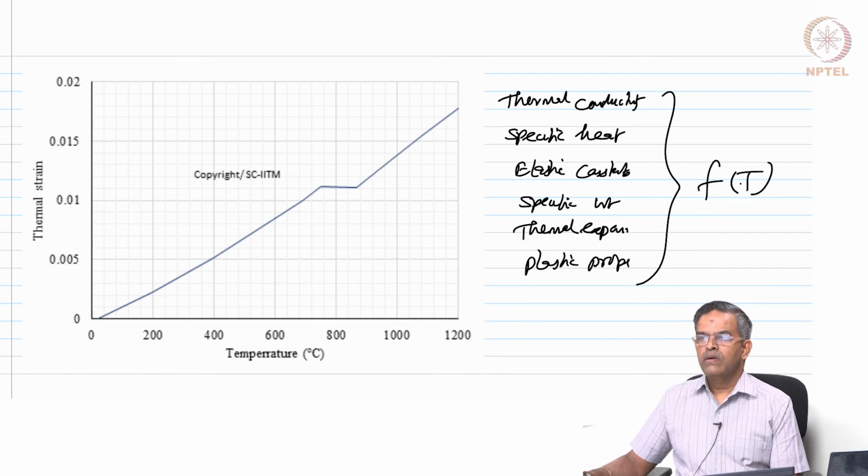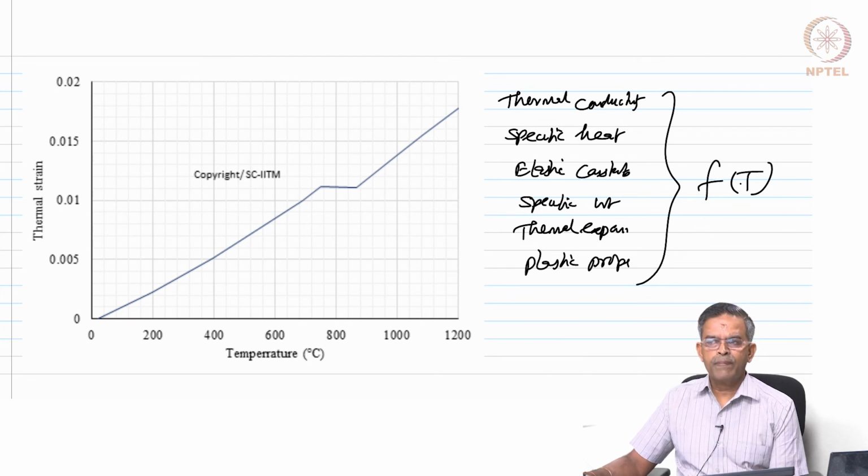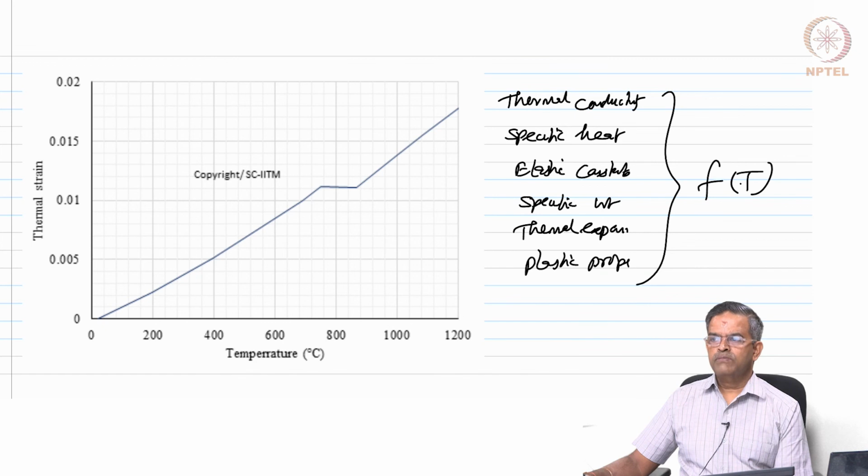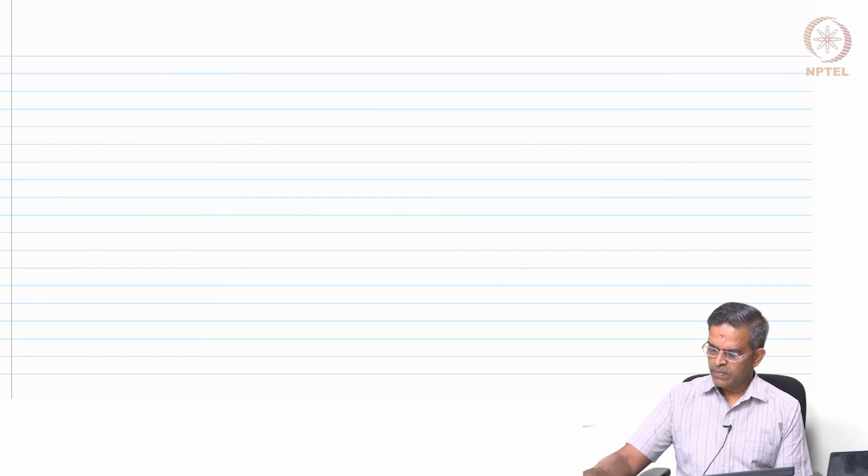Okay? So, when you are using steel for a fire resistant design where the fire is going to happen at a higher temperature because of explosion or hydrocarbon fire, etc., you have got to be very careful in understanding the properties of steel which is being used for fire resistant design. Okay?